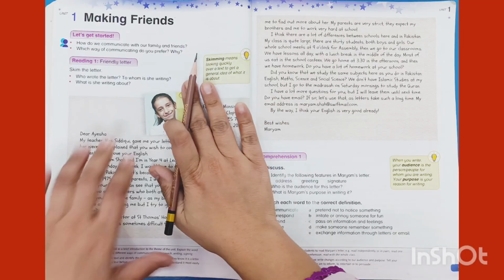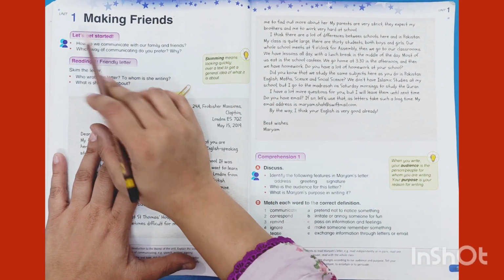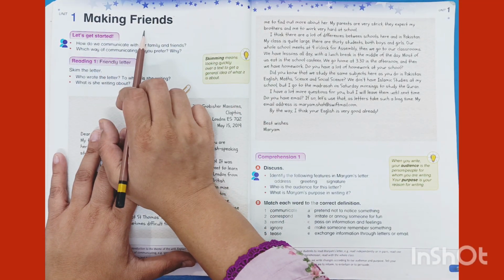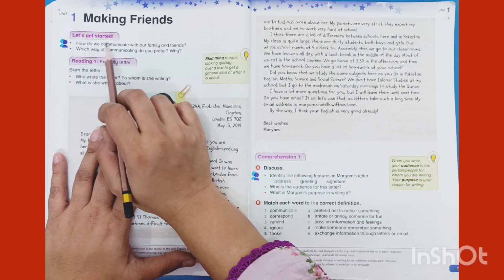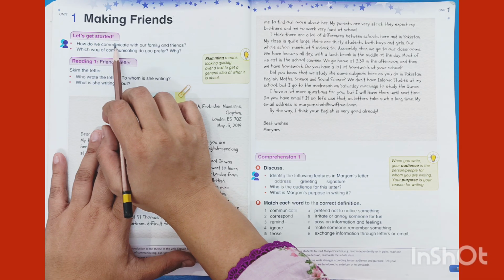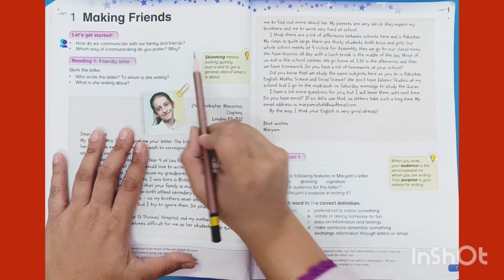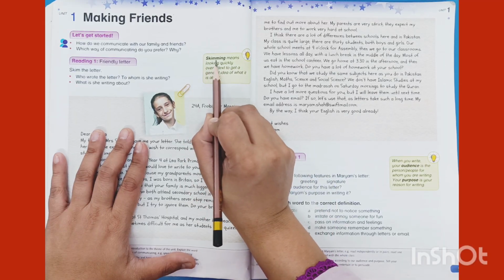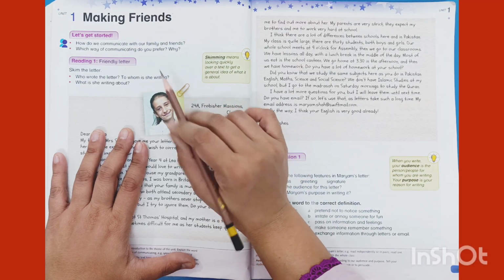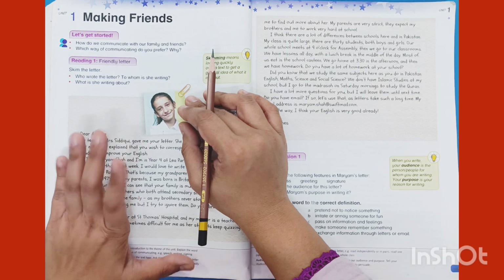The first unit is named Making Friends. Let's get started. Here they have written the technique to read a passage or a context.